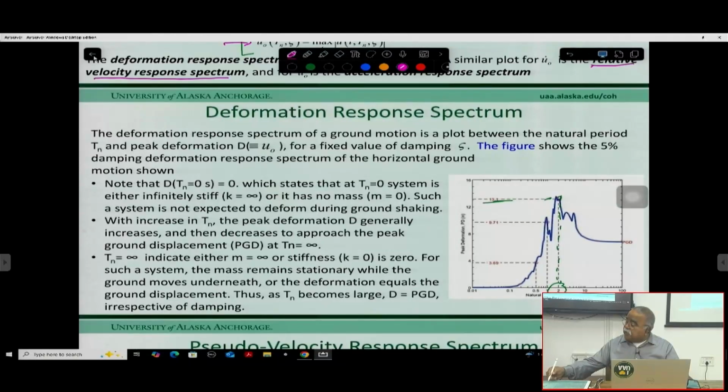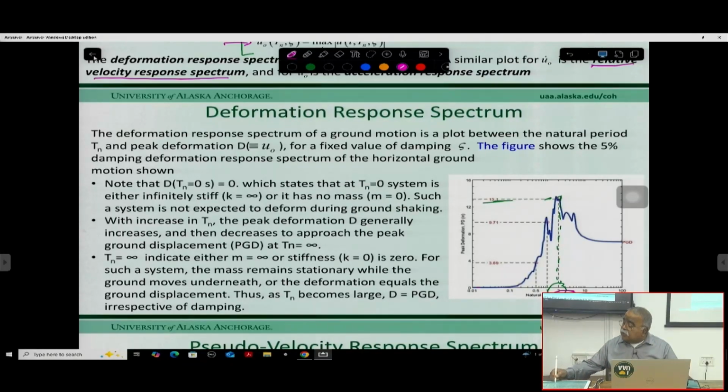Now, the deformation response spectra, if you are plotting it with the time period, or the period of the motions, then it might look this way.